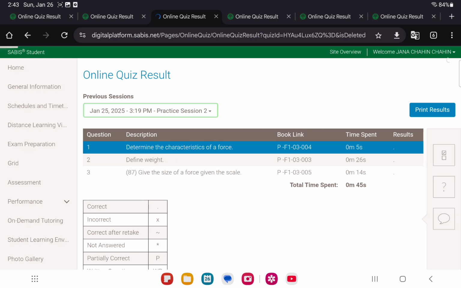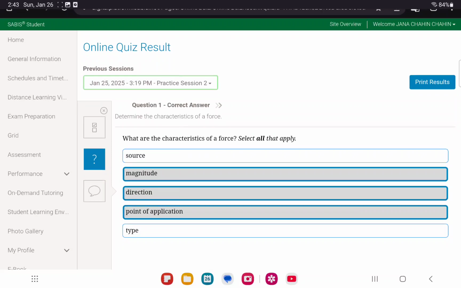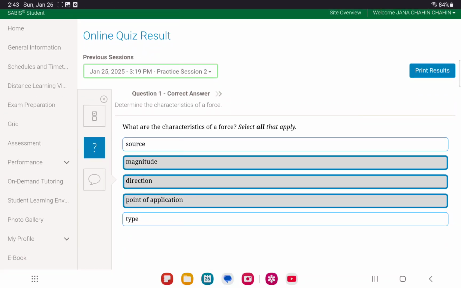Okay, there's 3 questions only. We know forces have to have a magnitude, direction, and point of application. These are common sense questions, but if you don't have common sense, you can memorize them. It's always magnitude, direction, and point of application.